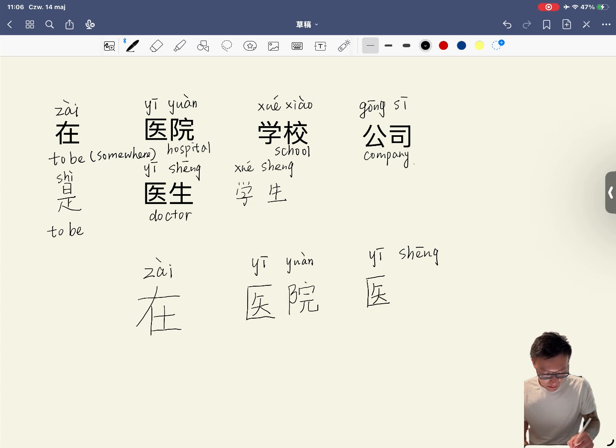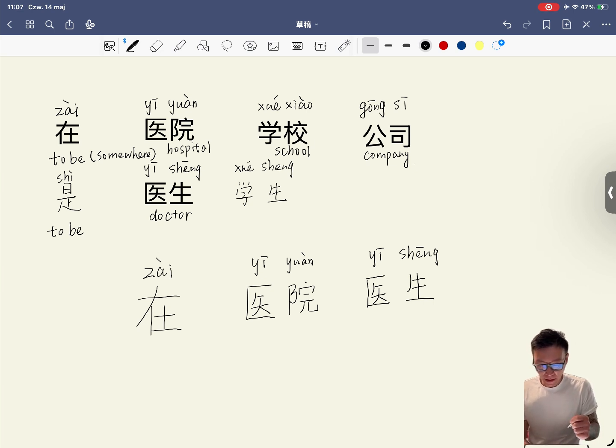And then write 生. All right, 医生. So remember, 医 is related to medical stuff. 生 you can associate it with 学生, so it's a person. So 医生 is a medical person, which is doctor.